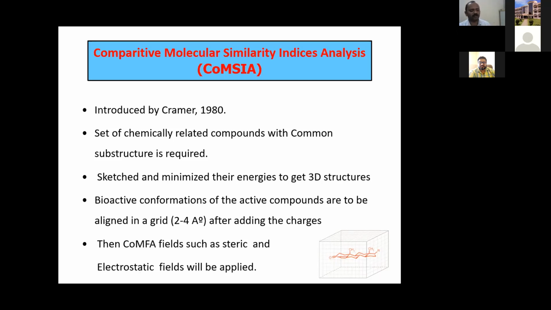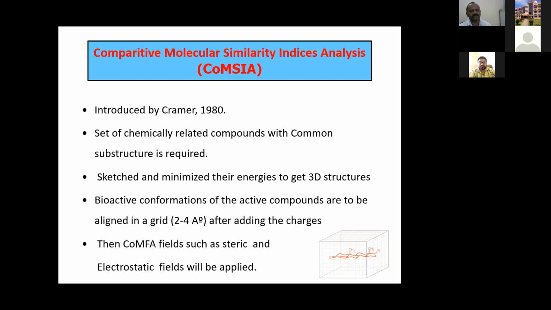Then only will that three-dimensional object be seen, just like how it exists in three dimensions. Take simple methane: it has a bond length of 1.09 angstroms between carbon and hydrogen, and a 109 degree 28 minute angle between the bonds. It is like a regular tetrahedron. The way it exists in nature needs to be simulated.